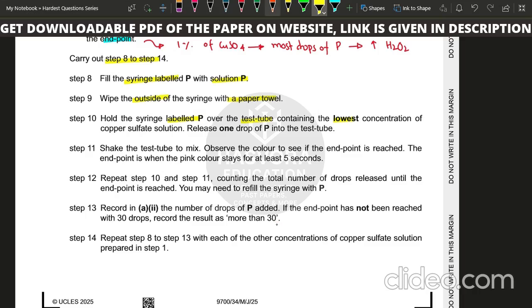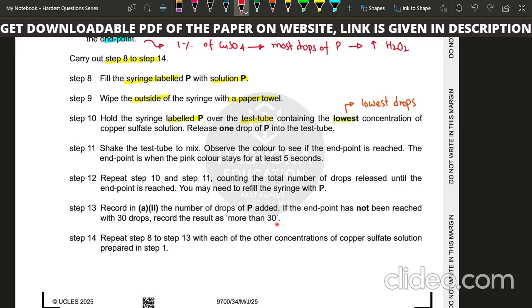Now why are we starting with the lowest concentration? Because it will need the lowest number of drops, and actually it will waste less time. But you do not need to know this. You will not actually know in the experiment which one will need the most drops or the fewest drops. But because I know this from before, I'm just telling you so that you have the idea in the experiment.